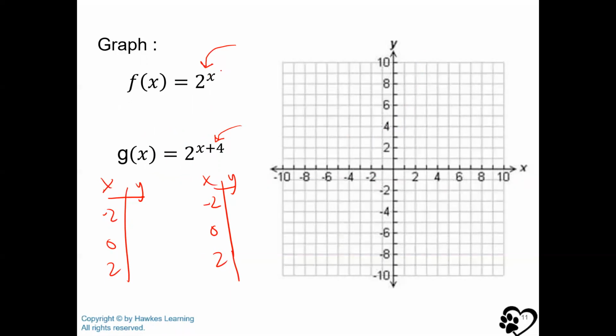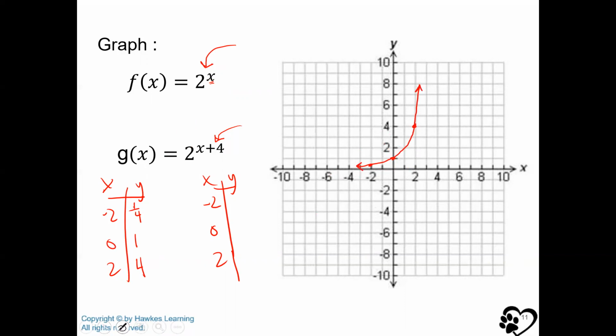So 2 to the -2nd would be 1/4. 2 to the 0 power is 1, and 2 squared is 4. So if we go left 2, up 1/4, 0, 1, and 2, 4. This is our original or our base function.